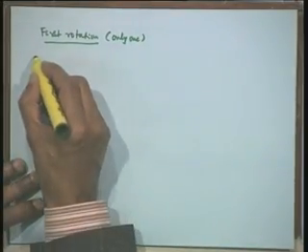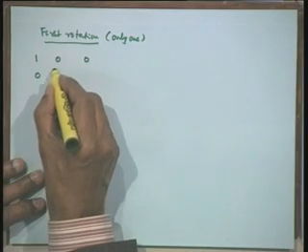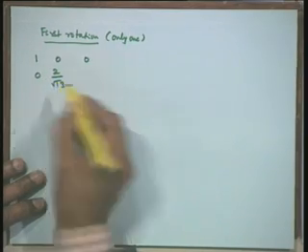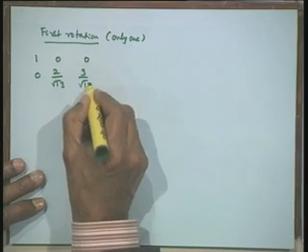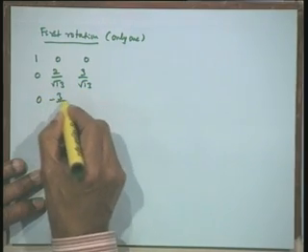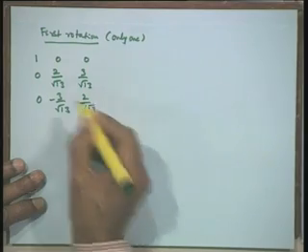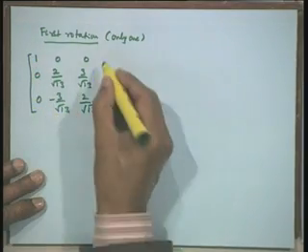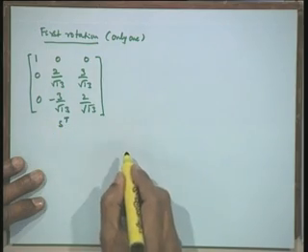What will be the matrix that we will have to write down? 1 0 0, 0 cos theta, this is transpose. So, I will have here 3 by root 13, 0, minus 3 by root 13, 2 by root 13. This is your S transpose.